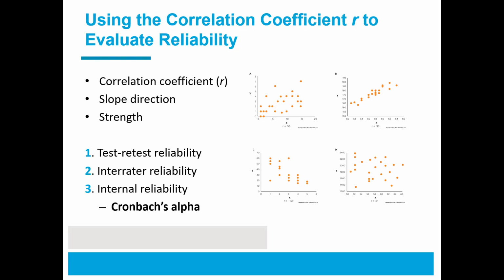First, they collect data on the scale from a large sample of participants, and then they compute all possible correlations among each of the items. They then use those correlations to compute one number known as Cronbach's alpha, which is similar to R, but involves the relationship between all the scale question responses. The closer that number is to +1, the stronger the internal reliability of the survey.